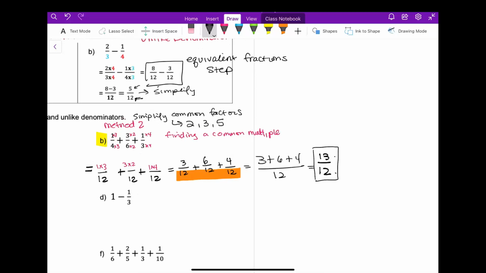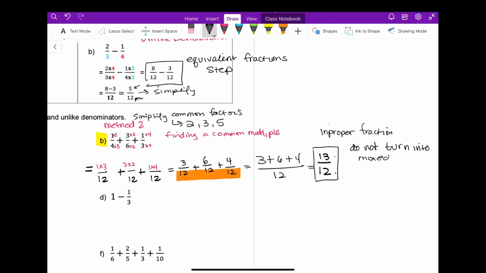This answer tends to make students uncomfortable because it is what's called an improper fraction. We leave it like this. If I don't have to do extra work, don't do extra work. We will not turn it into a mixed fraction.